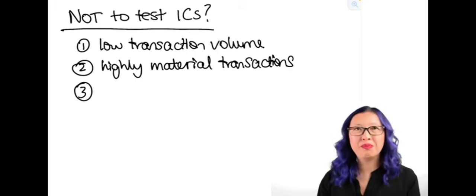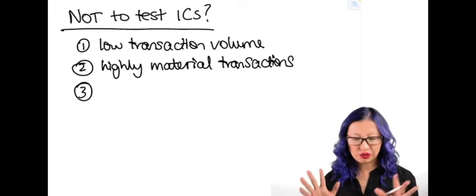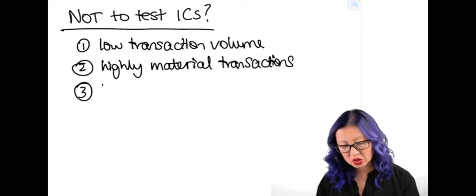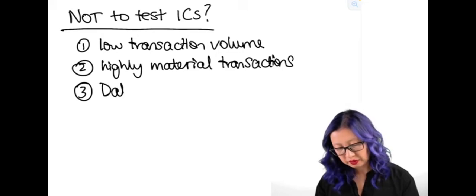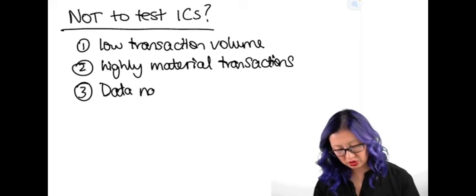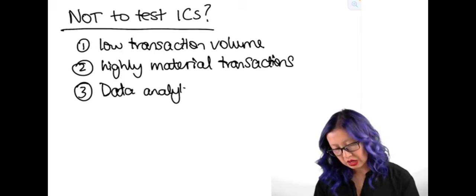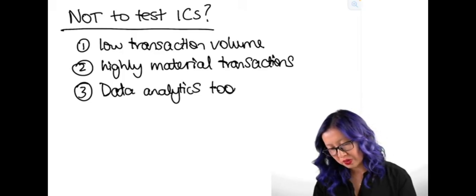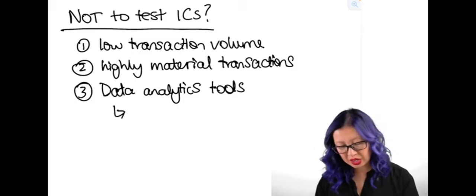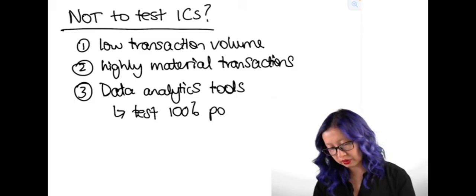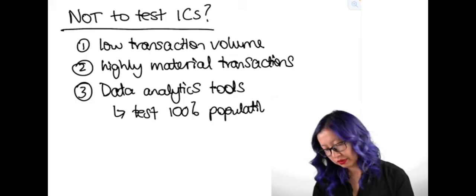Now, one area that might be in the future where we decide not to test internal controls is where we can use data analytics tools, and I can't even spell today, data analytics tools, to allow us to test 100% of the population substantively.